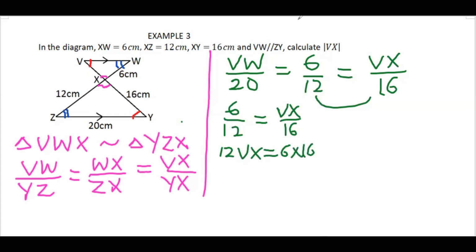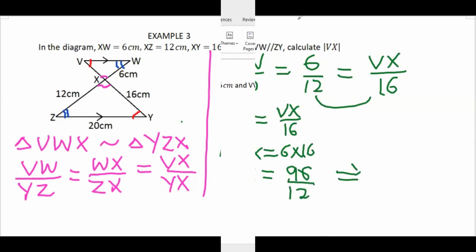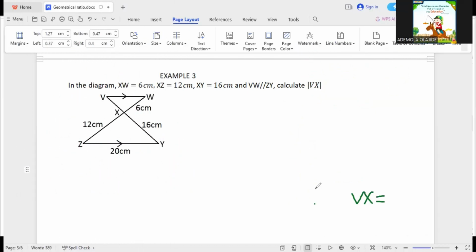Then you divide both sides by the coefficient of VX to get VX. Multiplying 6 and 16 together should give you 96 over 12, which implies 8. So we have 8 centimeters.